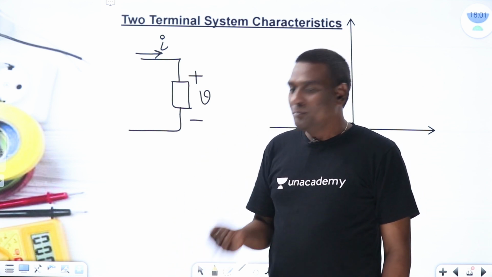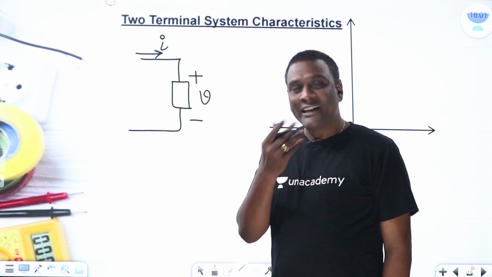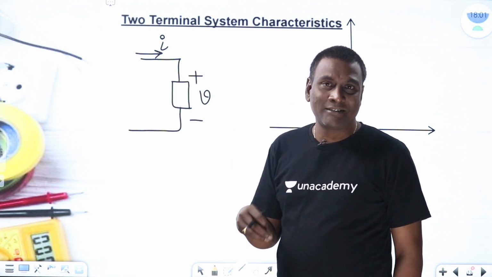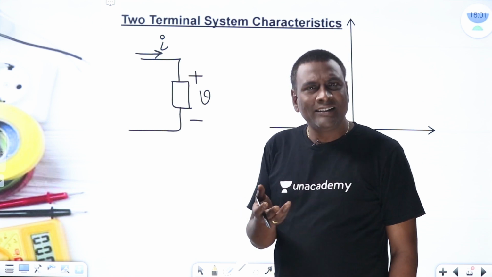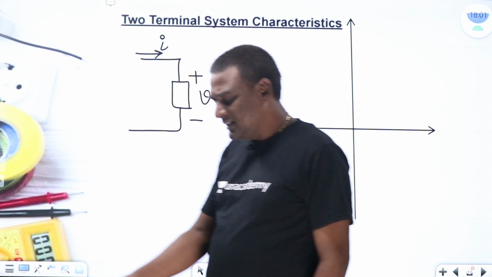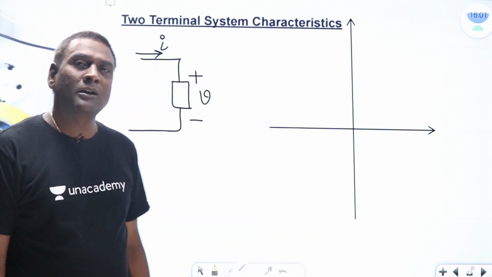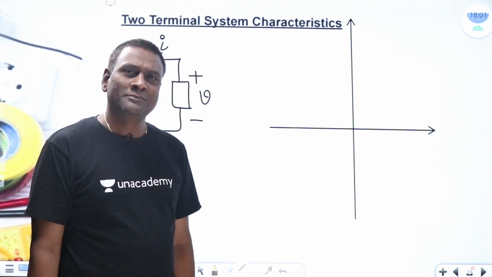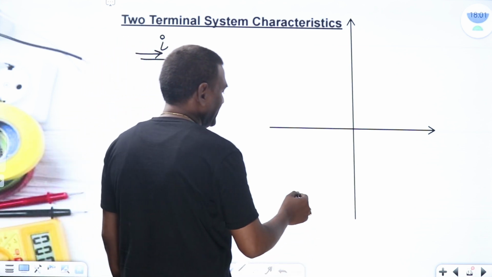But if you consider the transistor, is it developing any electrical power from non-electrical power? No, it is not. But how can we call them active? You will come to know.